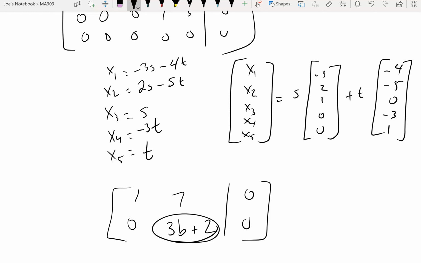So, as far as the test goes, your first question will be true-false. There'll be 10 true-false questions. That's pretty much always the first question of my tests in advanced proof classes. Then there'll be some computational stuff, right? Do you know how to do row reduction? Do you know how to write down solutions? Do you know how to do matrix operations?